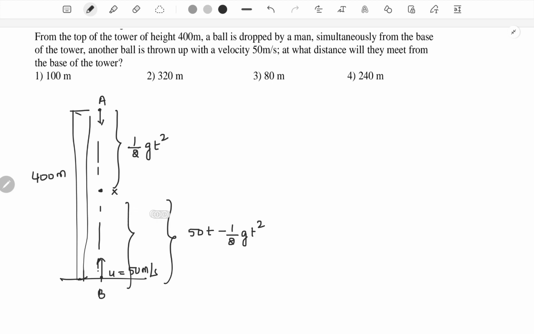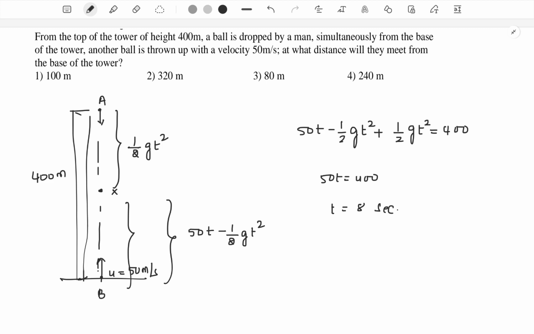As you can see, the distance traveled by the second body and the distance traveled by the first body would together be equal to the height of the building. If we simplify this relation, 50t is equal to 400, we will get t equal to 8 seconds. So once they start the motion, they would collide after 8 seconds.